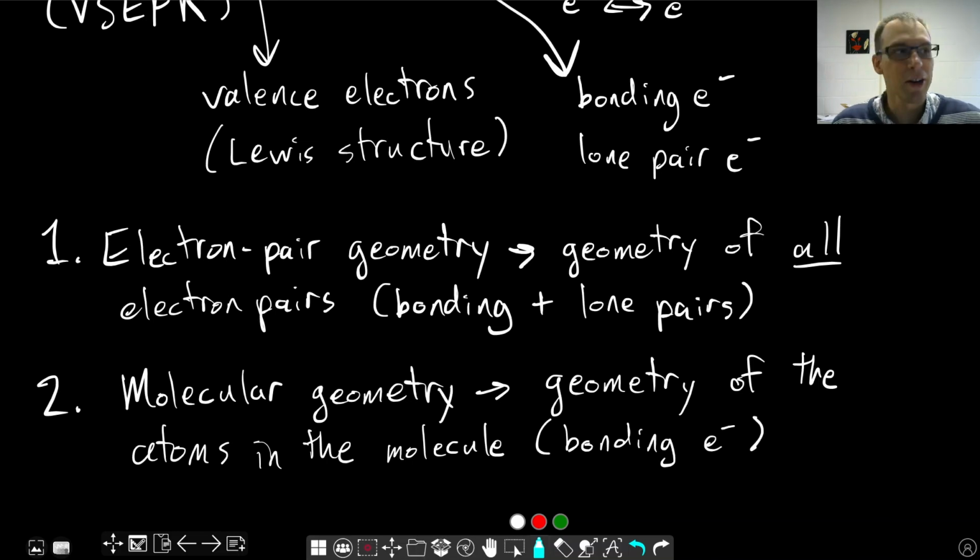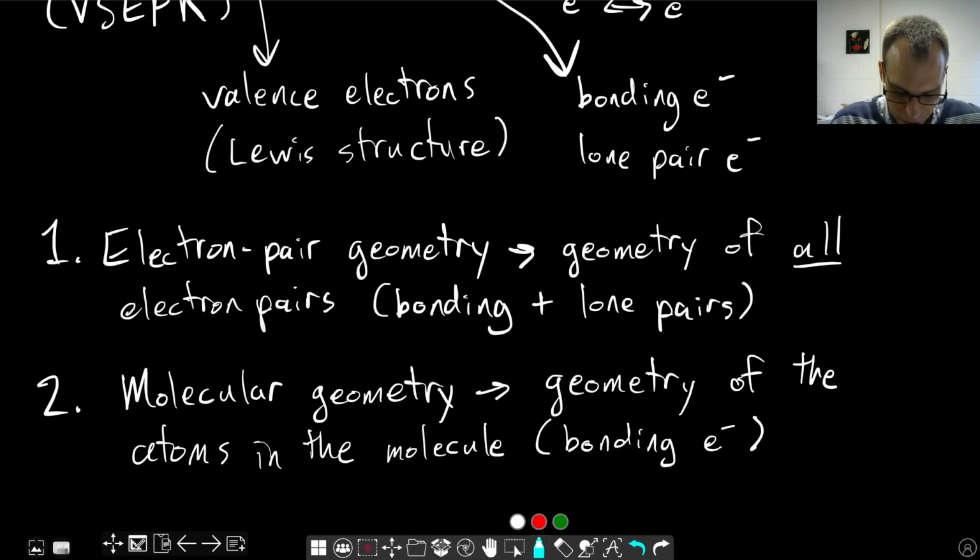The lone pairs matter and they change the shape, but you ignore them when you're thinking about the actual shape of the atoms in the molecule. Of course an atom behaves very differently than just an electron pair. A lone pair is not an actual atom, there's no nucleus there. So we usually just care about where the actual atoms are. If there are any lone pairs present, they will affect the molecular geometry, but this is our way of differentiating here.